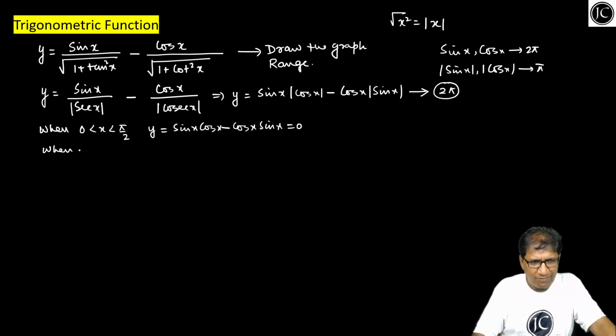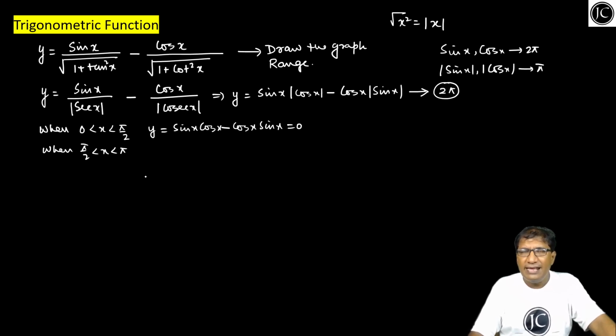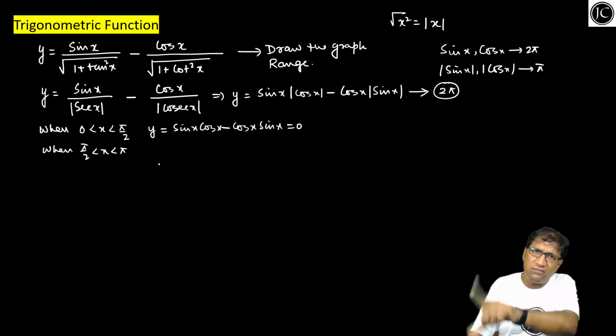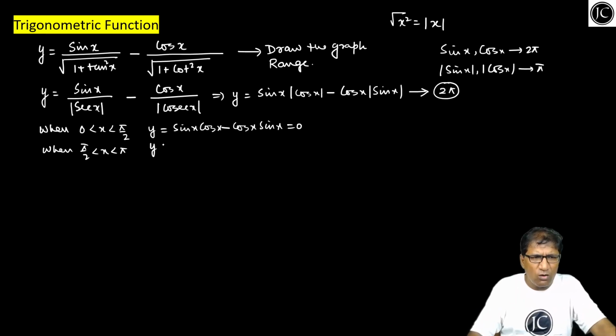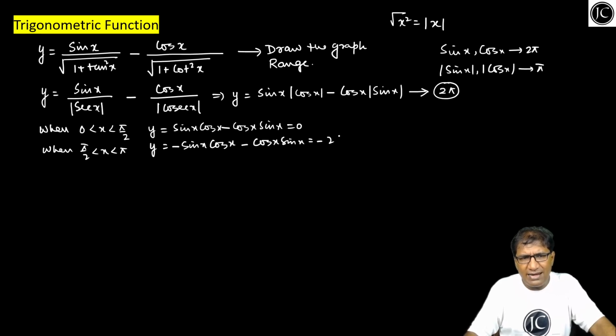When x is in the second quadrant, sin is positive, cos is negative. Matlab your y will take the value minus sin x cos x minus cos x sin x, which is coming like minus 2 sin x cos x. That is minus of sin 2x.